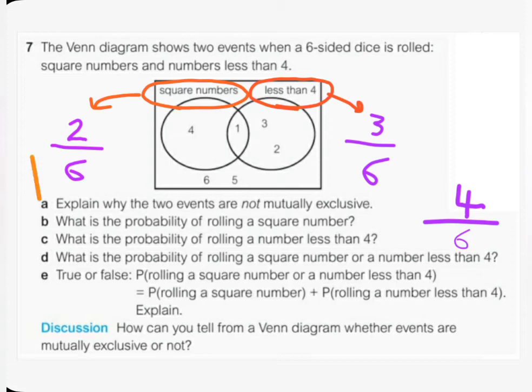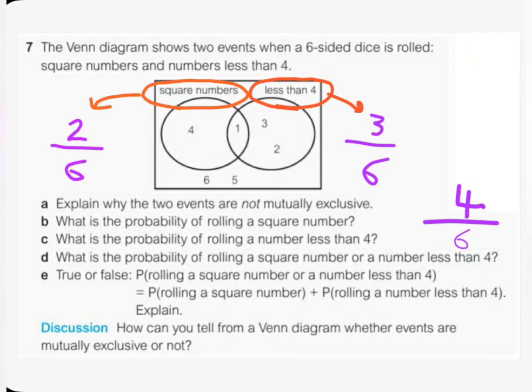So he's saying when you add this to this, you will get this. What do you think? Very good, it's false. It can't happen. Why? Because these events, they share this number. And because they share this number, you can't add their probabilities. This is why you can't add non-mutually exclusive events. And this is the answer for question E, for explaining. These events are not mutually exclusive, so you can't add their probabilities.